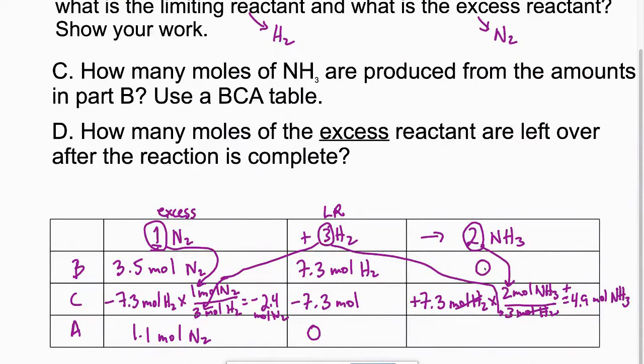Over here for the ammonia, I take 0 plus 4.9 moles of NH3, and I end up with 4.9 moles of NH3.